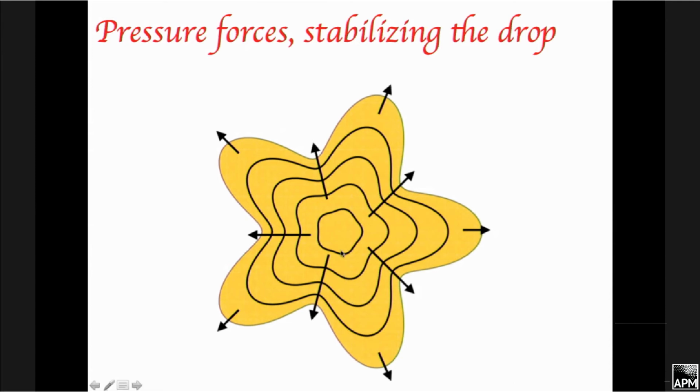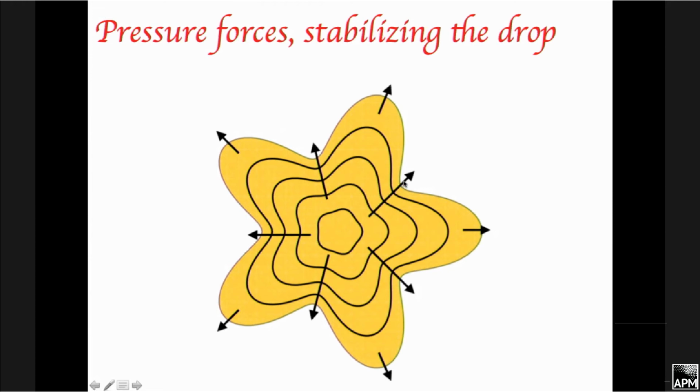Now, you see, we'll imagine that there's a 5-fold potentially unstable region, but because this is further away from here, the pressure gradient has to be less here than it will be here, which is closer to the origin. And so what that means is the pressure gradient is less here than here.